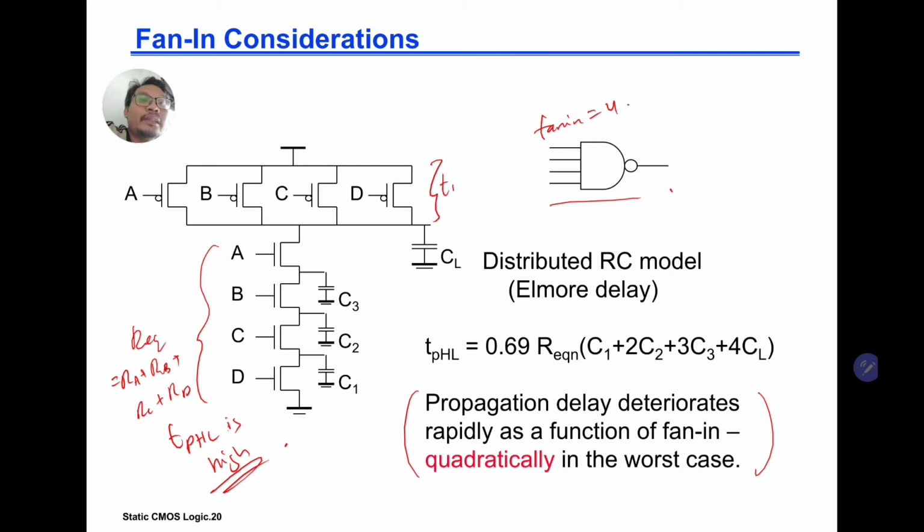However, for your TPLH, when you want to charge it, charging is good, especially if A, B, C, D are all 0, then we are going to charge really fast. However, in the case of A, B, C, D all ones, then we are going to discharge really slowly. So you can see the TPHL is quite high. Your R equation is high, and you also have the high capacitance, all the capacitance there.